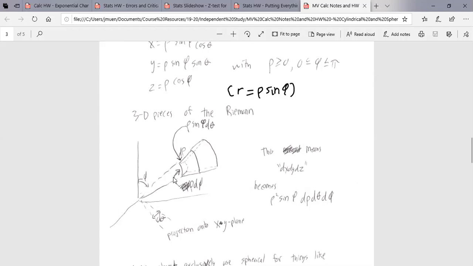We say that this is a similar triangles argument, essentially saying that d phi represents a minuscule change in phi, just the actual change of angle down here, which I haven't drawn in, would be d phi.